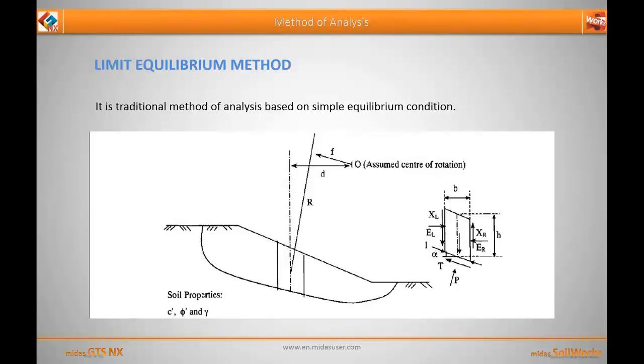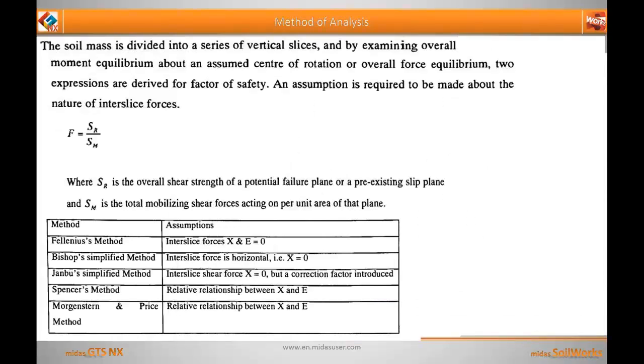If you look at a particular slice, you will see a lot of forces: the self weight, the interslice forces, and the normal reaction from the bottom. To consider equilibrium with all these forces, the equation becomes indeterminate. To make it determinate, a few assumptions need to be made, and this gives rise to various methods, divided into simplified as well as advanced methods. Like the Fellenius method, in which the interslice forces, that is X and E, are both considered zero.